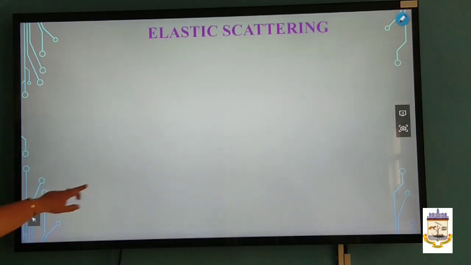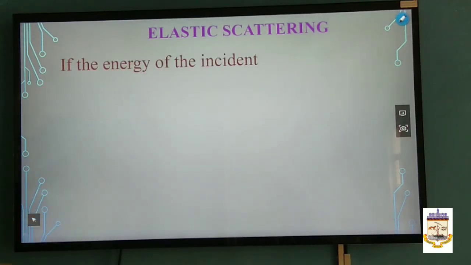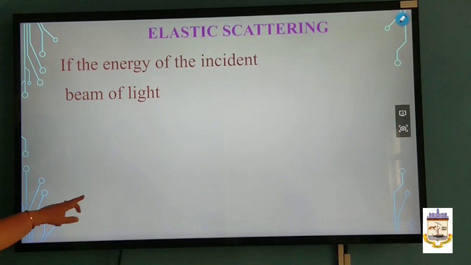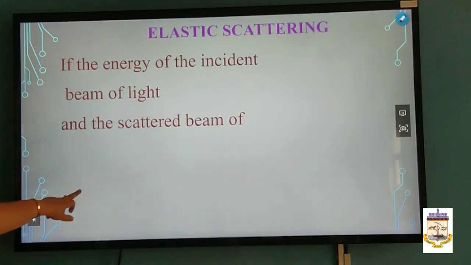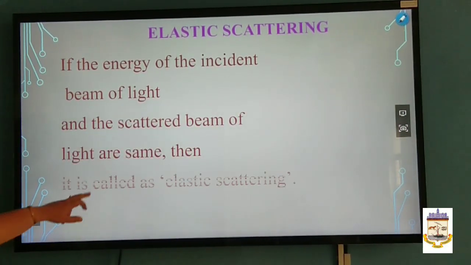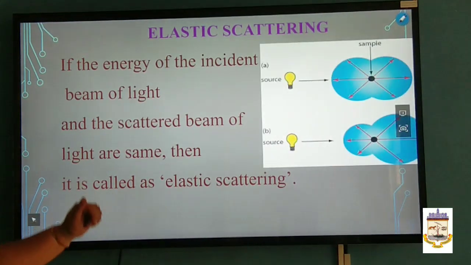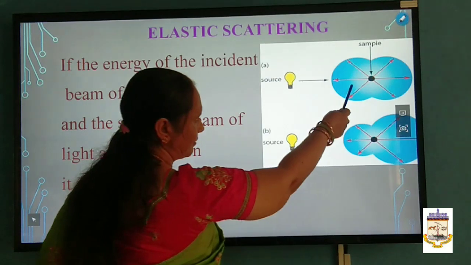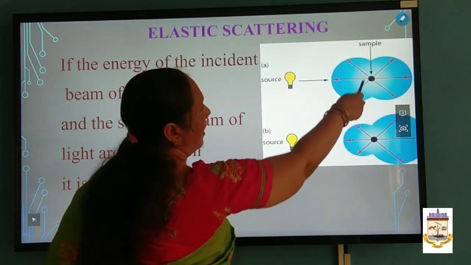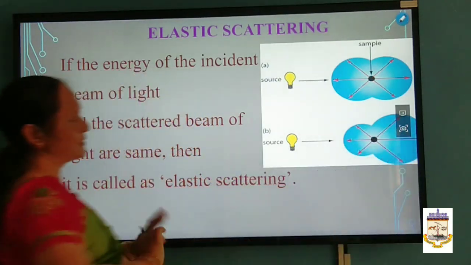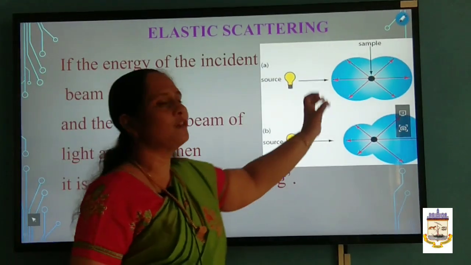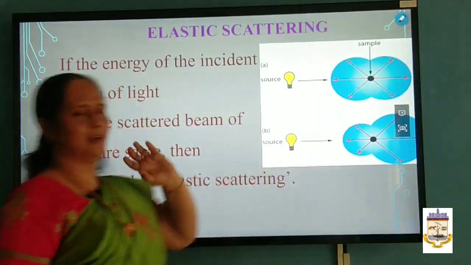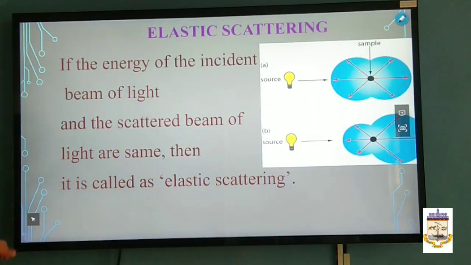When the energy of the incident beam of light and the scattered beam of light are the same, it is called elastic scattering. You can easily see here that the energy of the incident beam and the scattered beam are the same. You have the same amount of energy even in the scattered beam. Then it is known as elastic scattering.